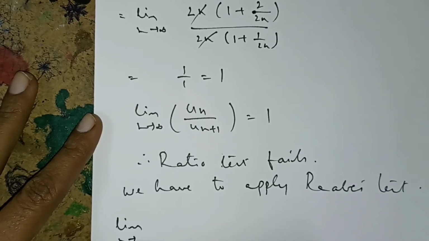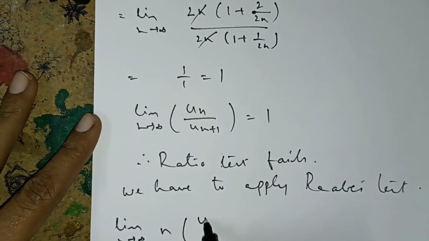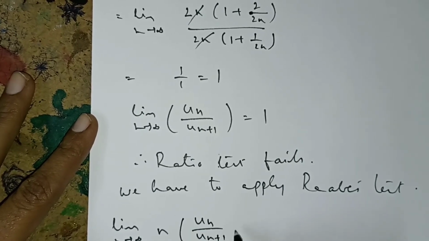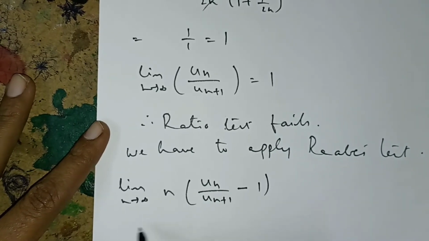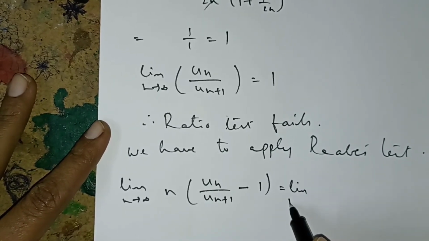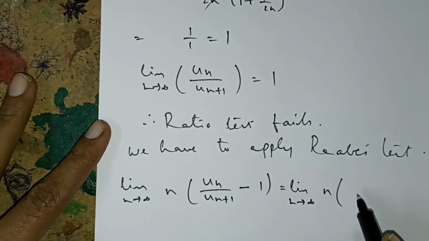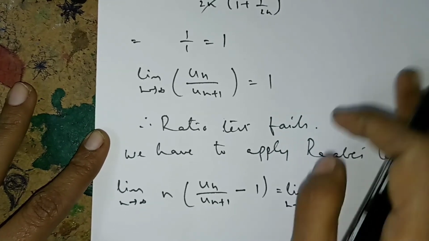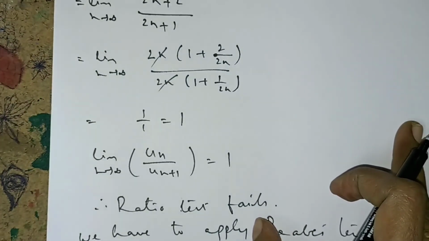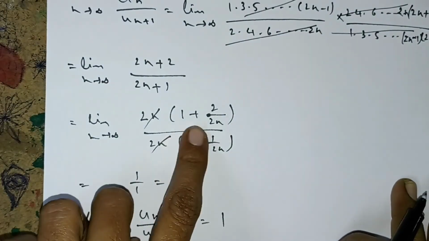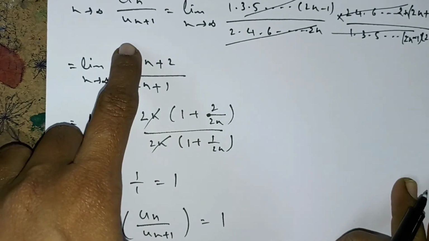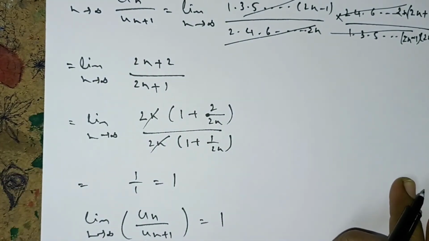Limit n tends to infinity of n into (un by un plus 1 minus 1). Before taking common, whatever term you have got, that one we should write always.